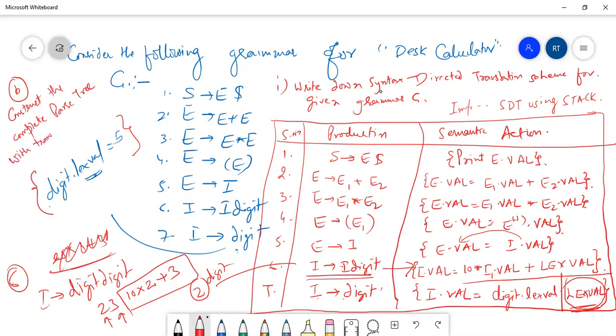with the corresponding translations for the string 23 star 5 plus 4 followed by dollar.